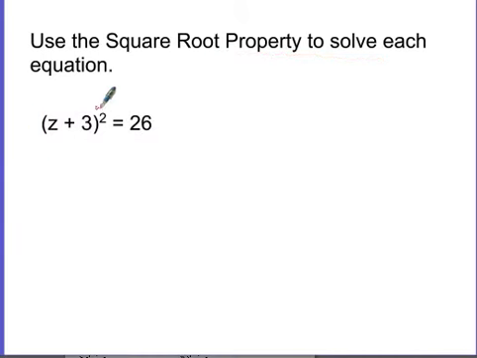It's going to be very similar to the one we just did. Just wanted one more practice on this one. So z plus 3 squared, take the square root of both of those. Z plus 3 equals what? Plus or minus the square root of 26.